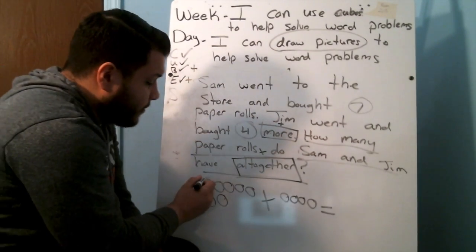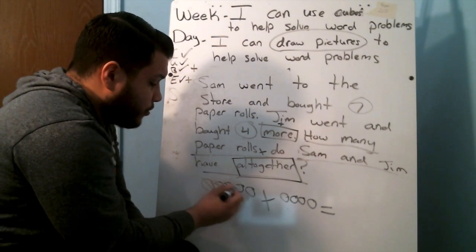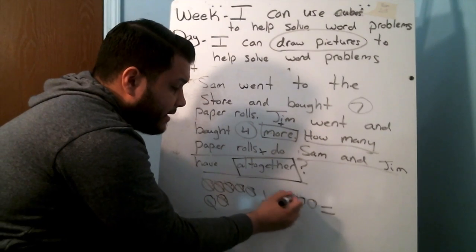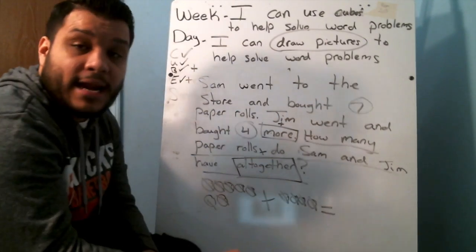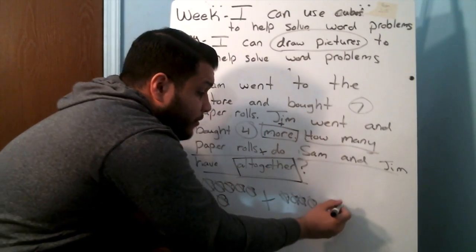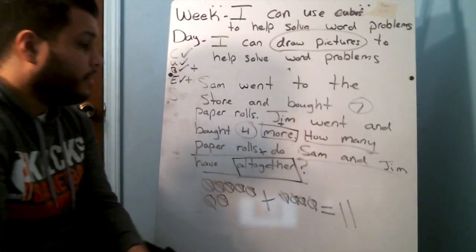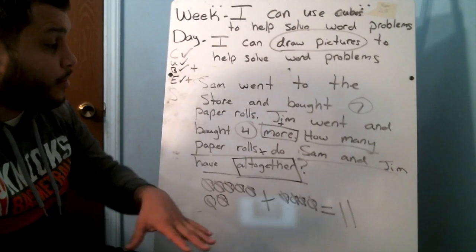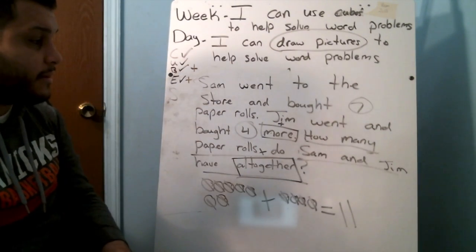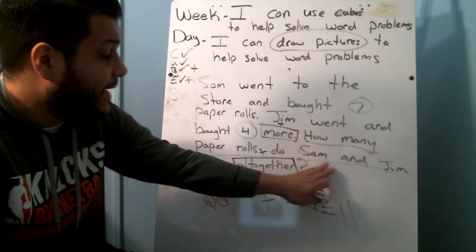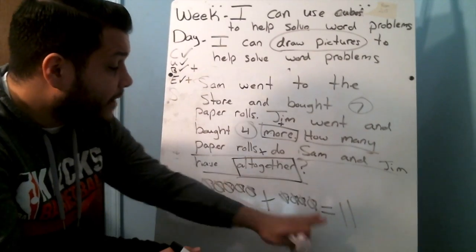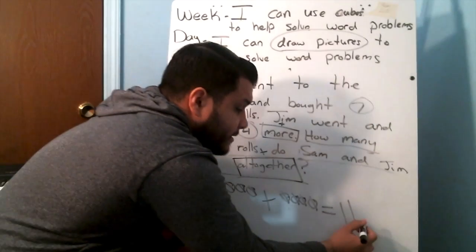So let's count them. 1, 2, 3, 4, 5, 6, 7, 8, 9, 10, 11. Awesome. So I can say that 7 plus 4 equals 11. So my question is asking how many paper rolls do Sam and Jim have altogether? Well, I know that Sam and Jim have, yes, 11 paper rolls altogether.